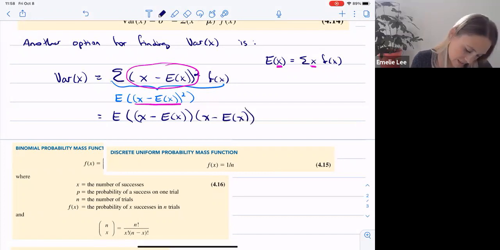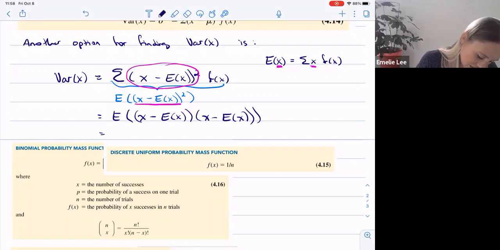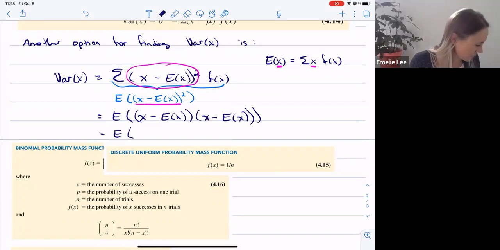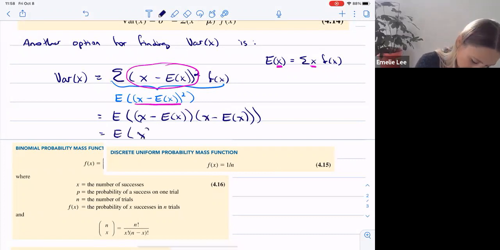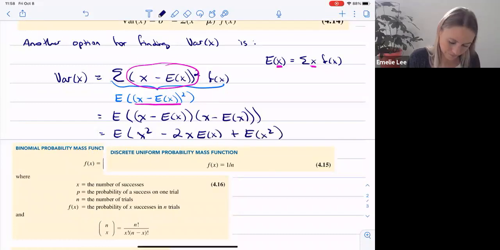I'm terrible at doing expansions, so I always have to write them out like this, and then I have to FOIL it every time, but that's okay. In this case, I do have this one pre-baked, and so it's going to be x squared minus 2 times x E of x plus E of x squared.